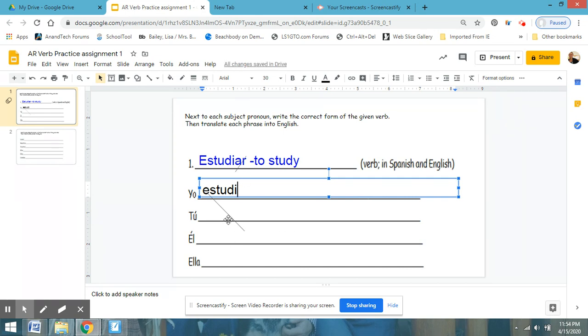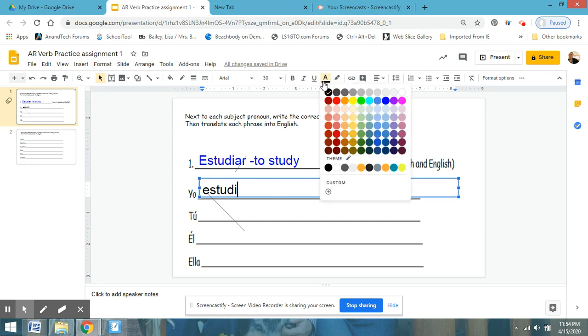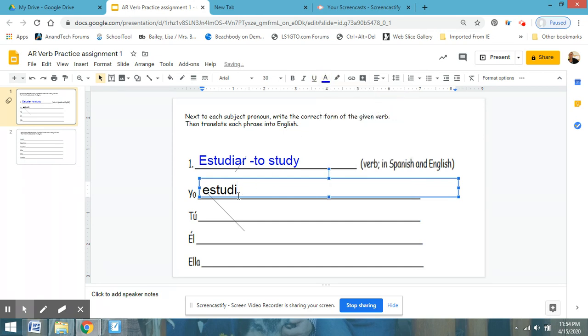What is the ending for estudiar if yo is a subject? It's o. I'm going to change the color here, and you can see that it's yo estudio. What does yo estudio mean? Estudiar means to study, so yo estudio is I study.